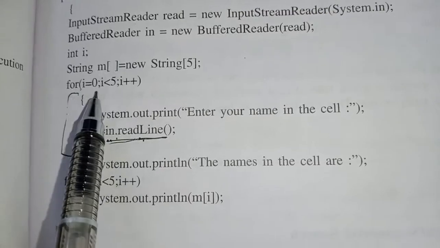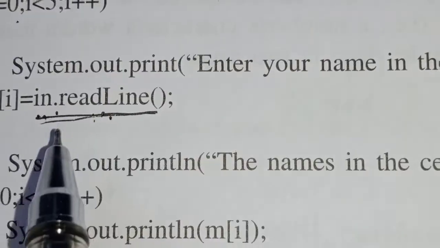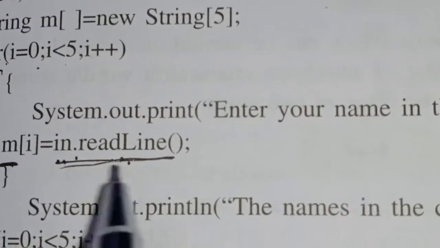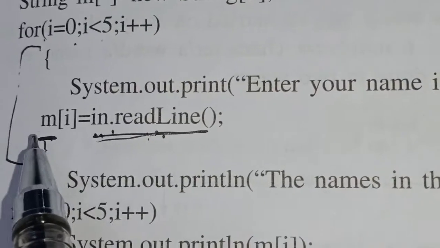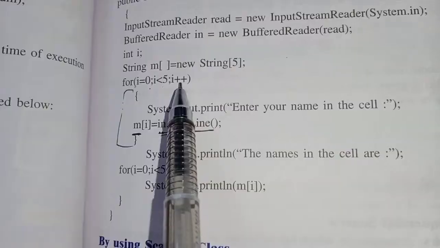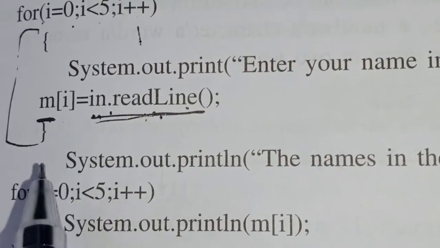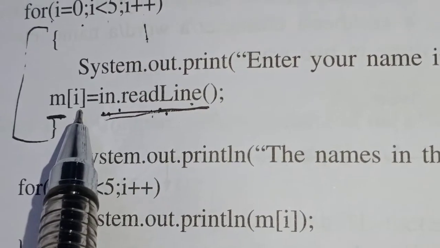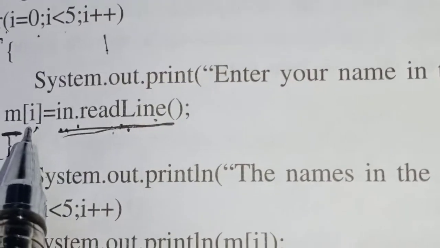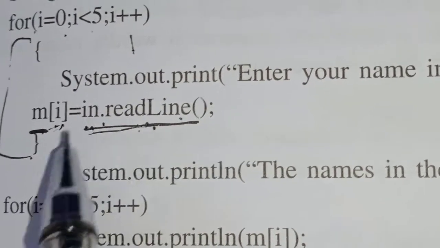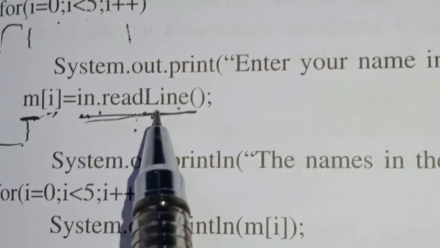Suppose the value of i is 0, it means the condition is true, then you will enter the first string which will be stored in m[0]. Then i++ will be 1. Then the next string will be stored in the first subscript. Then 2, 3, 4. This way the value of i will change, and on different subscripts different strings will be stored.